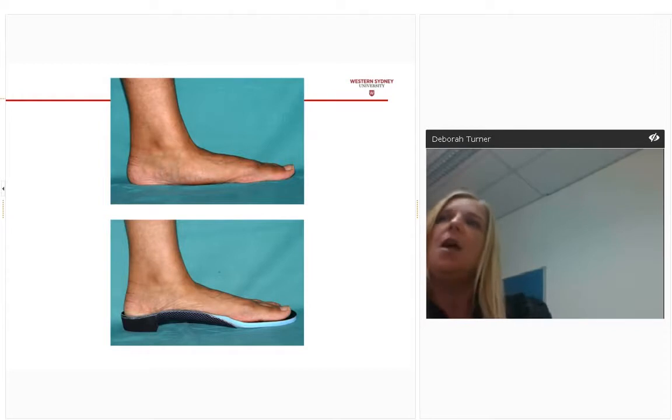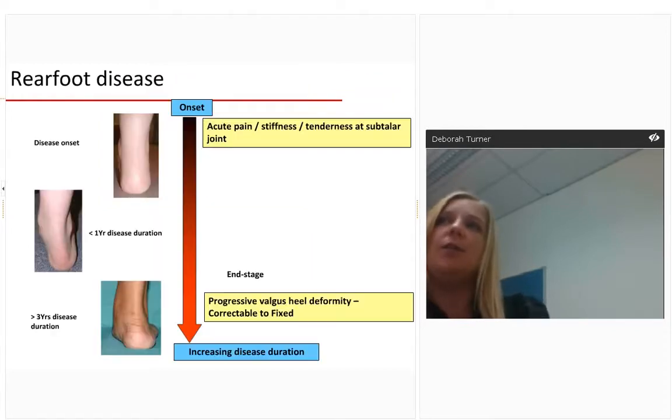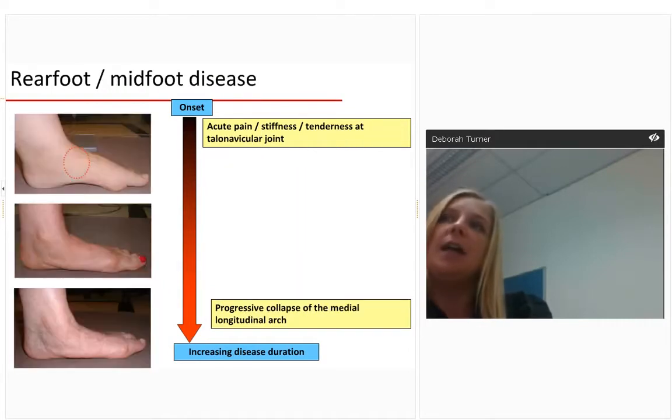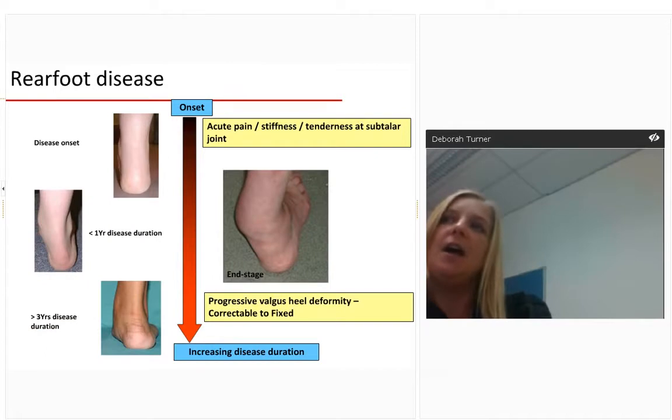What we want to consider is capturing patients who have minimal rear foot but correctable deformity at an early stage, to prevent the typical end stage deformity, where we have a progressive valgus heel deformity that becomes fixed and no longer correctable.